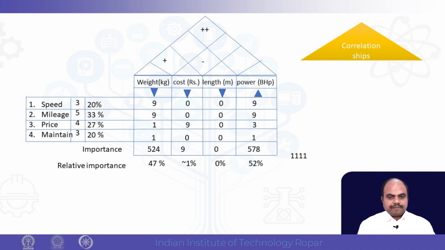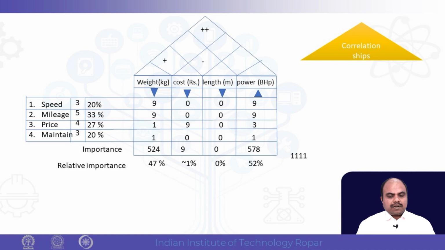Similarly, we'll put all the data as per our understanding of the product, and then we are going to multiply. So 9 into 20 plus 33 into 9 plus 27 into 1 plus 20 into 1, that is 524. Similarly, we multiply with the importance weightage and we get 524, 9, 0 and 578 for power.